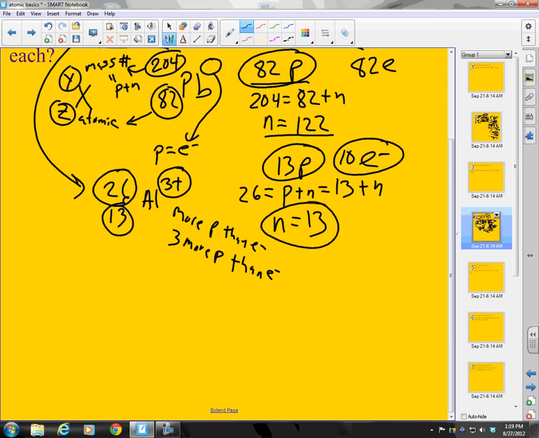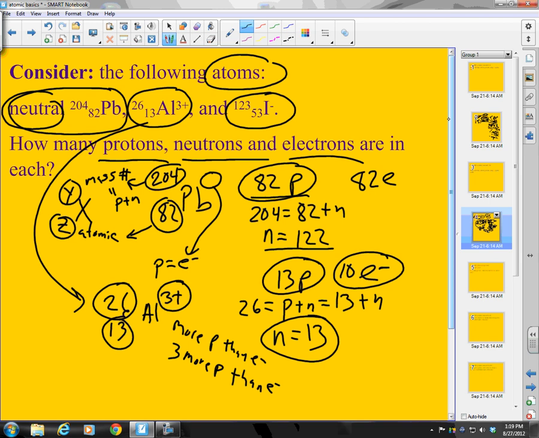And for the final, we're looking at 123 over 53 I minus. What's the 53? That's my atomic number, so that means I have 53 protons. 123 is my mass number, so 123 equals 53 plus N. So N has to be equal to, what do you think, folks? How about 70?